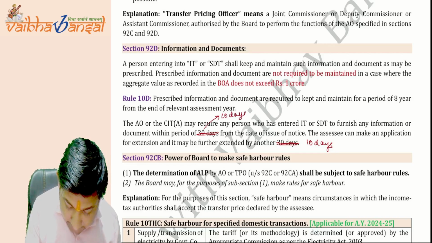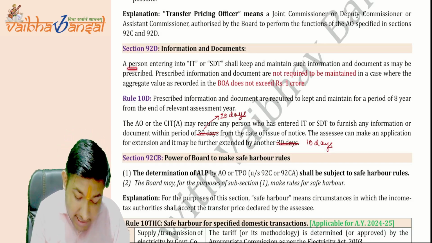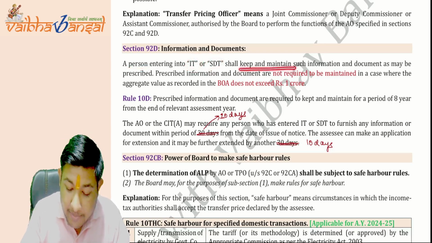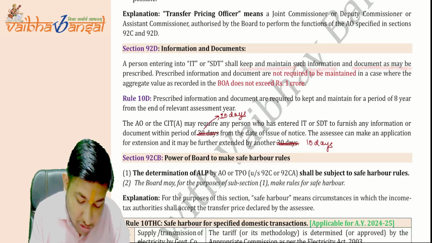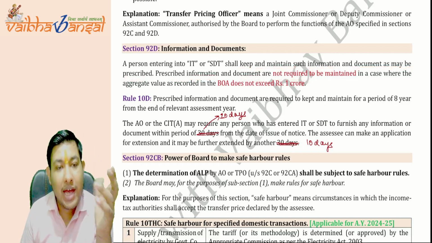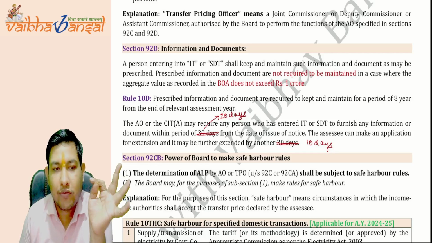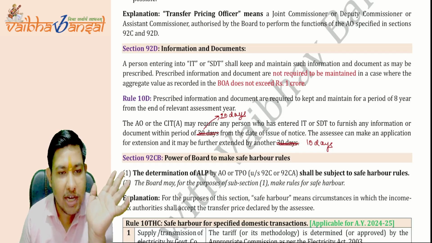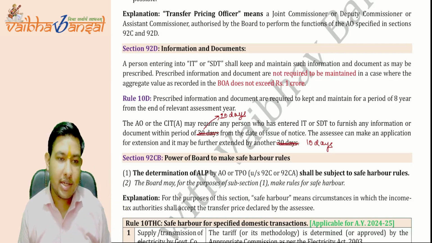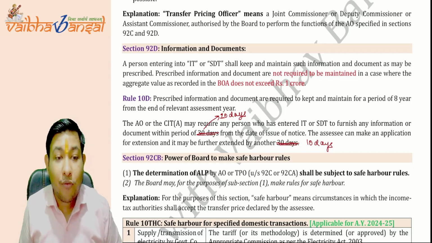See, a person entering into an international transaction or a specified domestic transaction shall keep and maintain such information or document as may be prescribed. If anyone is entering into an international transaction or specified domestic transaction, he has to maintain certain kinds of information and documents that may be prescribed by the government of India. But there are certain criteria where all this information will not be required to be kept. What are the criteria?